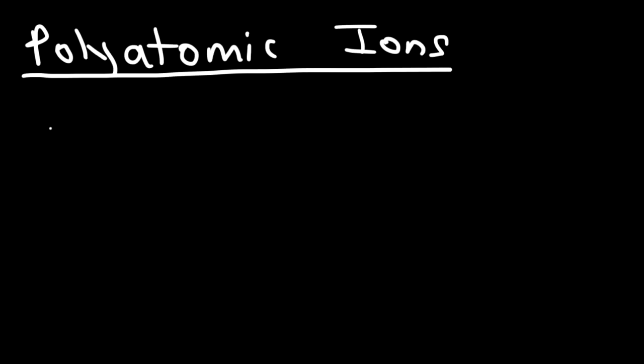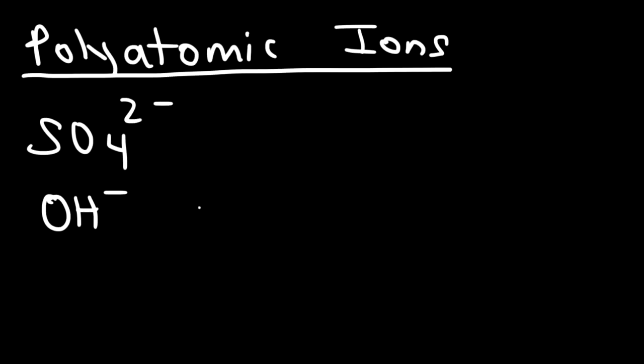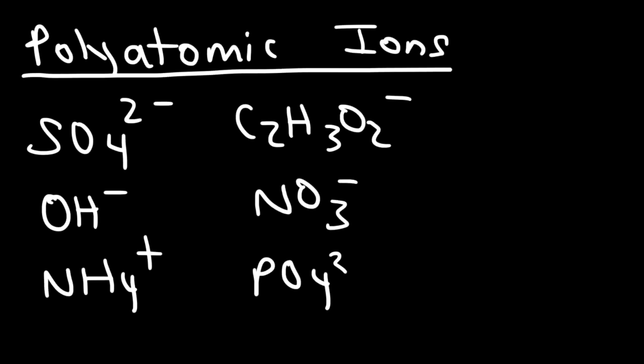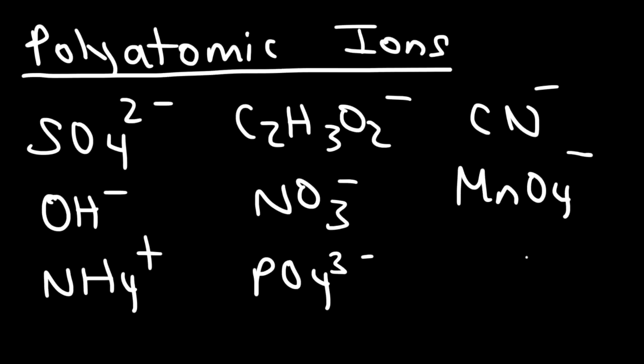So some common polyatomic ions would be SO4 2-, which is called sulfate, OH-, that's hydroxide, NH4+, ammonium, C2H3O2-, that's acetate, NO3-, that's nitrate, PO4 3-, phosphate, CN-, cyanide, MnO4-, permanganate, Cr2O7 2-, that's dichromate.